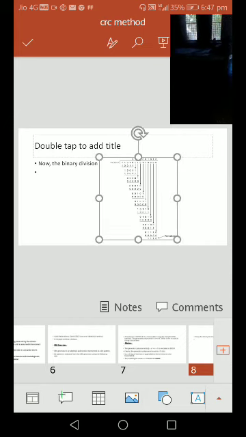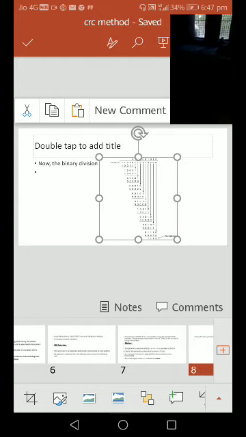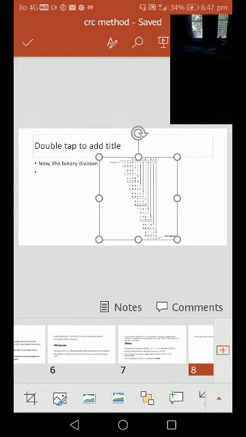In this way we add the binary data, and after that simplification, if the remainder is 0, the data will be accepted.